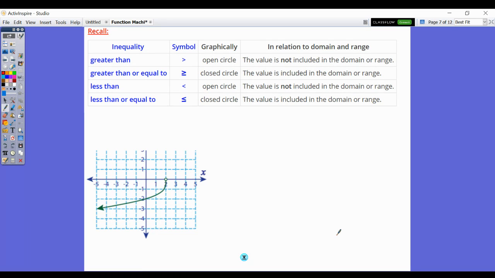If you see a closed circle, you're going to use the greater than or equal to. Less than means there was an open circle, so don't include that value. And for less than or equal to, you're going to see a closed circle, and you will be able to actually include that in your domain or your range.